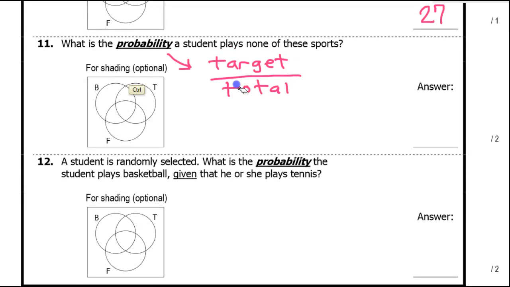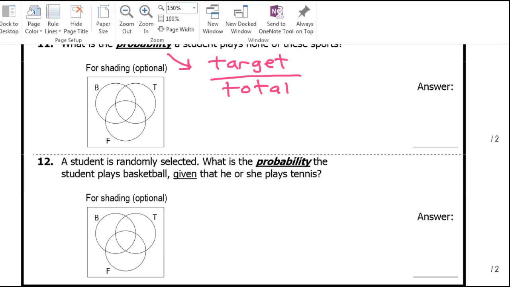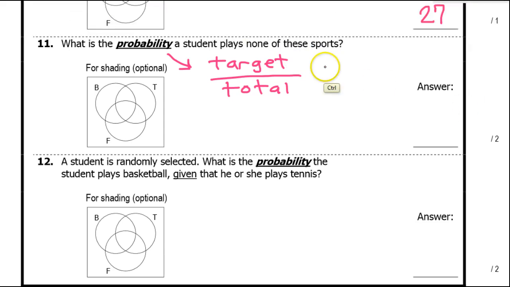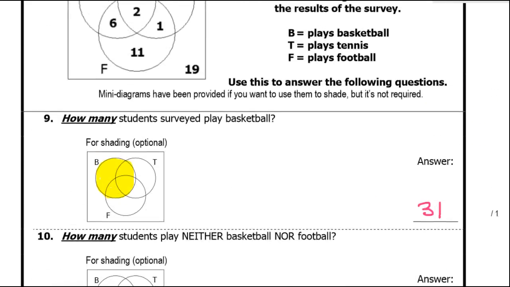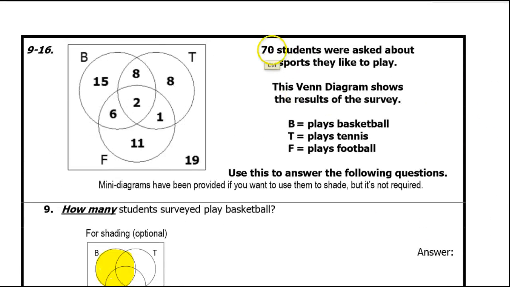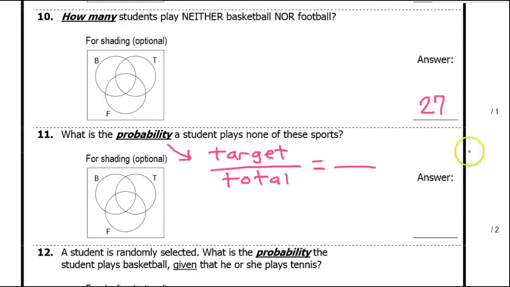Number 11. Now we're doing probability, target over total, so watch out. What is the probability that a student plays none of these sports? Well, we're doing target over total. So let's see, what's the total? Do they tell us? 70 students, so that's definitely going to be the total. The target is students who play none of these sports.